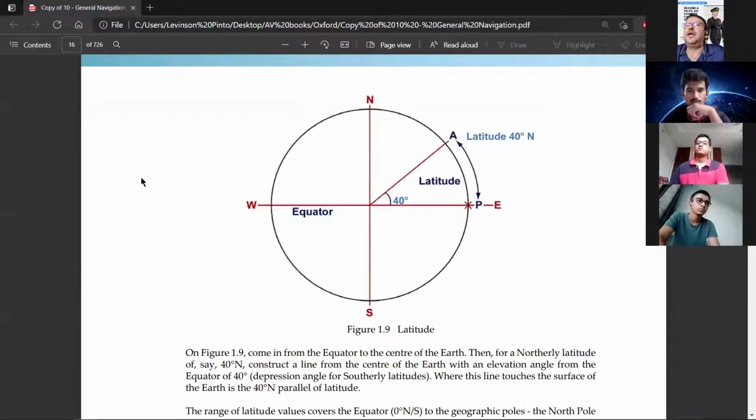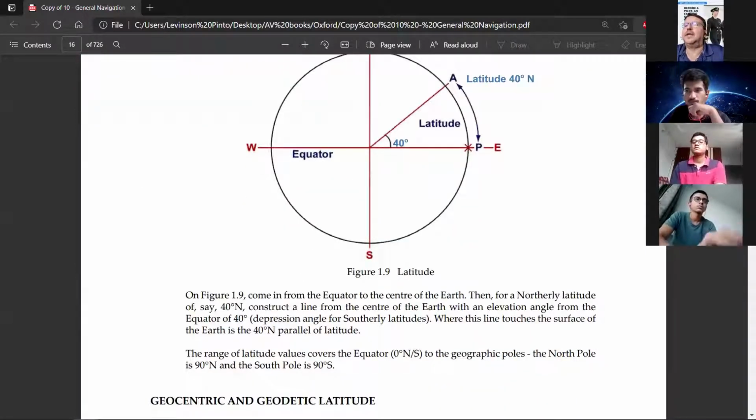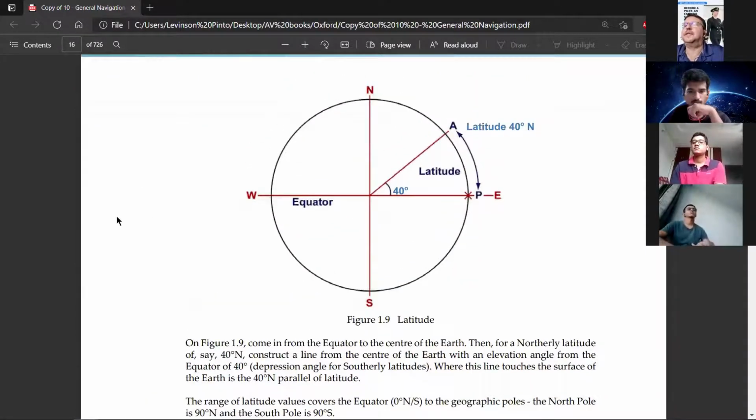You are looking at the Earth sideways on from space, okay? For example, the North Pole is at the top of the diagram. The angular distance between where the meridian of A crosses the equator, point P, and point A is 40 degrees.